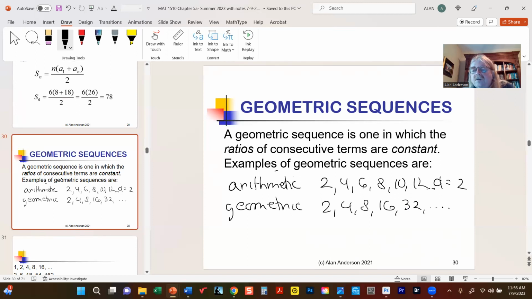So we're clearly multiplying each term by 2. We're not adding, we're multiplying. And so we say that the common ratio is 2, which means that an equals r times an minus 1. So we go through the entire sequence, and no matter what term we're looking at, it is equal to r times the previous one. So that's the difference between arithmetic and geometric.